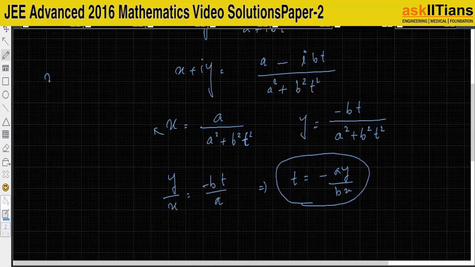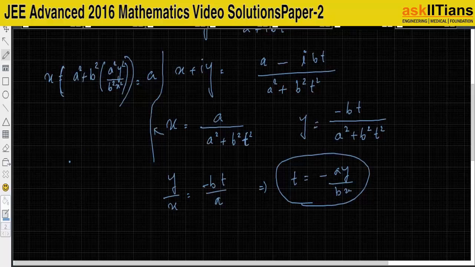If I put the value of t in this equation, I'll get x is equal to x multiplied by a square plus b square t square. t square is a square y square divided by b square x square, and this entire thing is equal to a, right? So here I'll get x into a square, b square will get cancelled, a square y square divided by x square, this is equal to a.